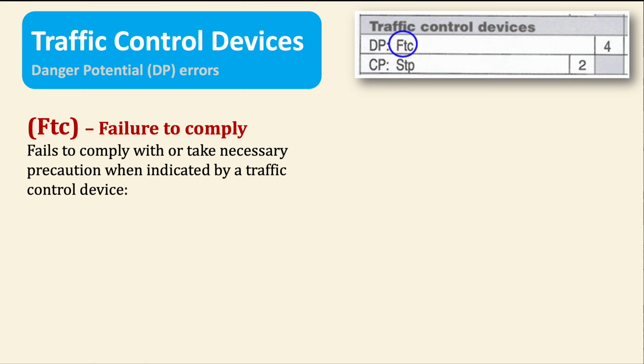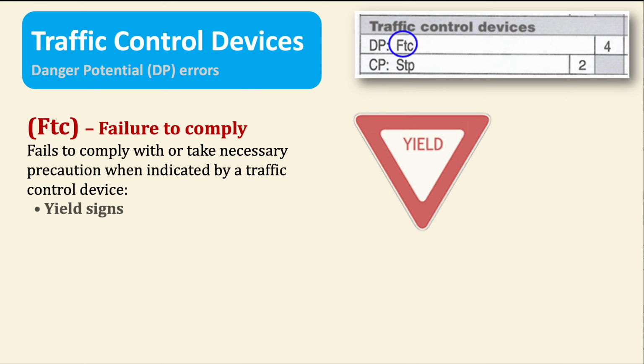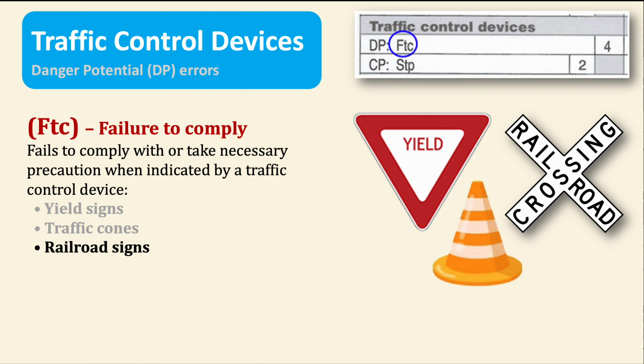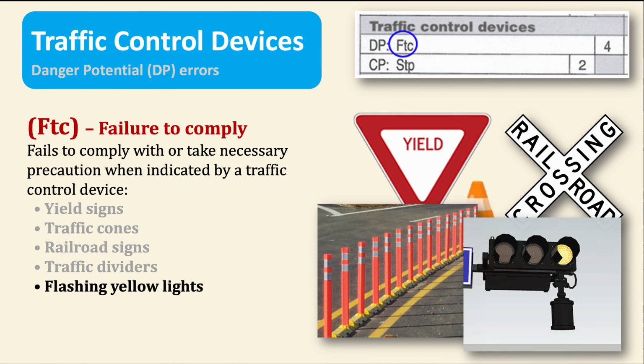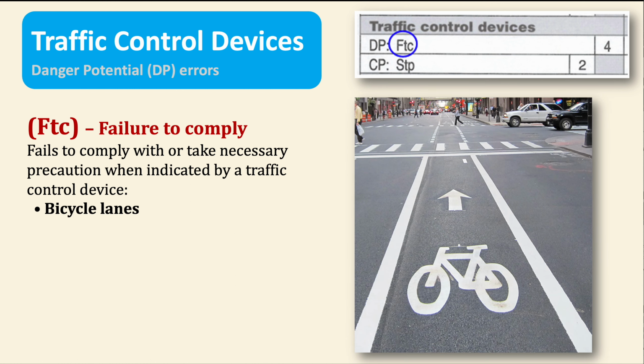Danger potential. Anytime the applicant fails to comply with or take necessary precaution when indicated by a traffic control device, such as a yield sign, traffic cones, railroad signs, which of course means a regulatory sign that says you must yield to trains, traffic dividers, flashing yellow lights, bicycle lanes.